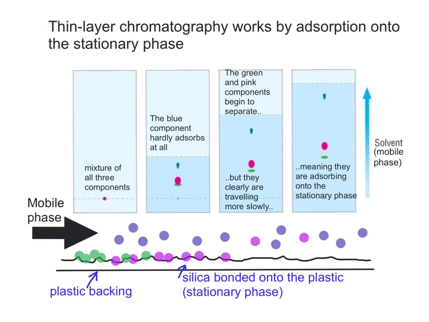At all times, the front end of where the solvent is called the solvent front. This represents the front boundary of where the solvent has travelled to up the plate.